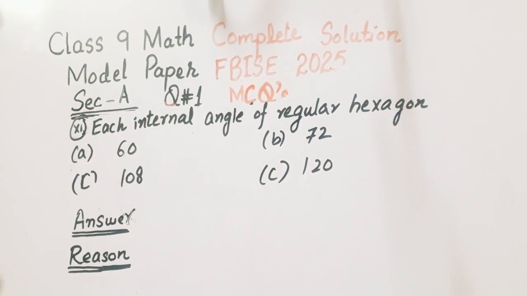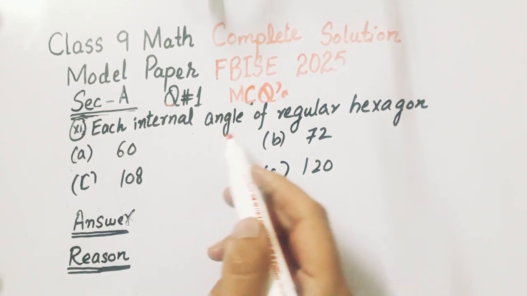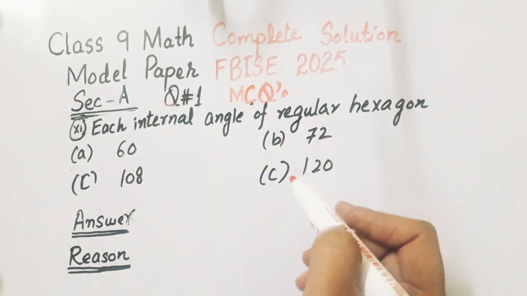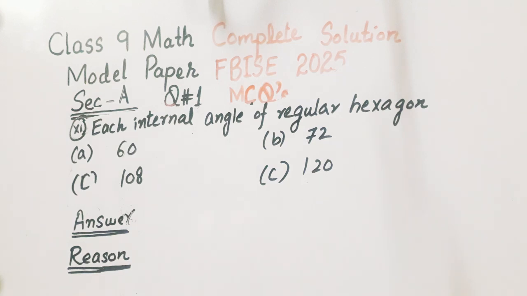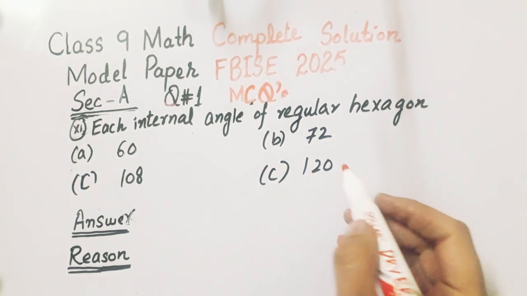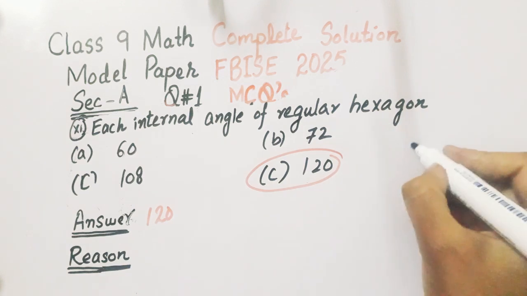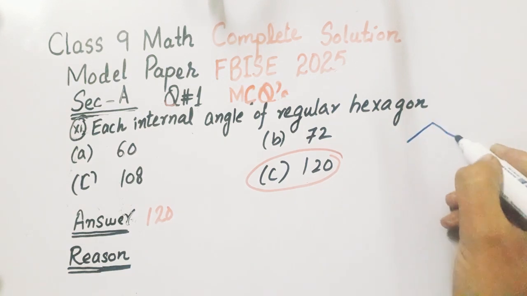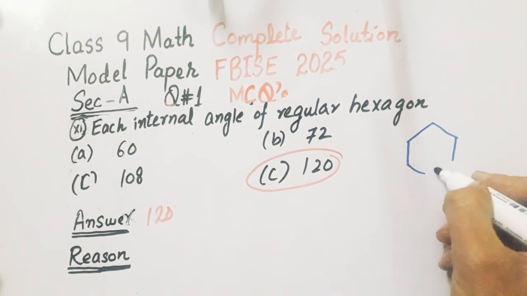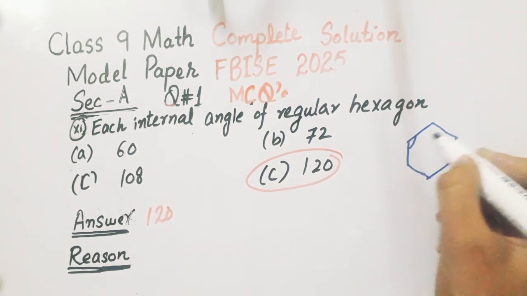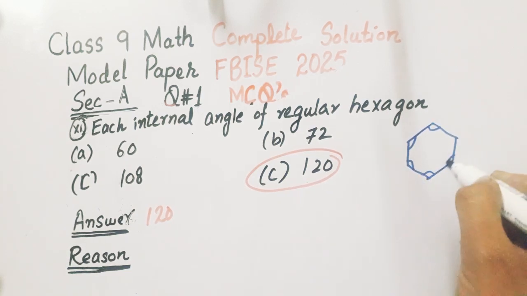Now we will solve the next MCQ. The 11th MCQ is: each internal angle of a regular hexagon is 60 degree, 108, 72 or 120. Now the correct option is 120. Hexagon means a polygon which has 6 sides like this. So we have to find the internal angle. What will be the angle?